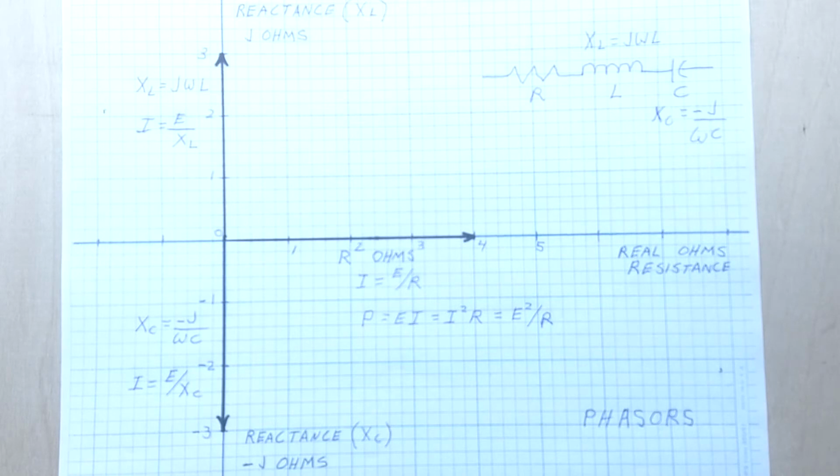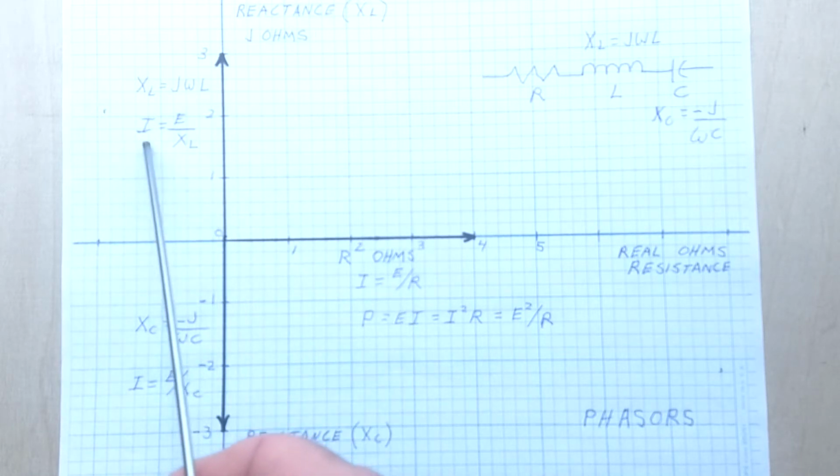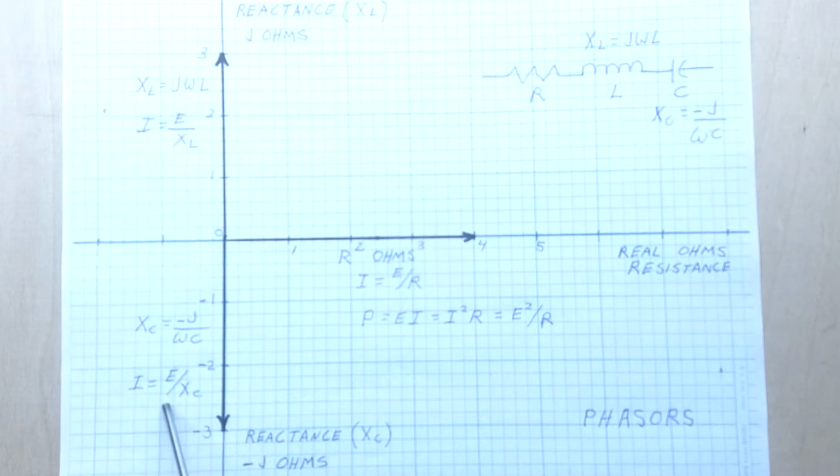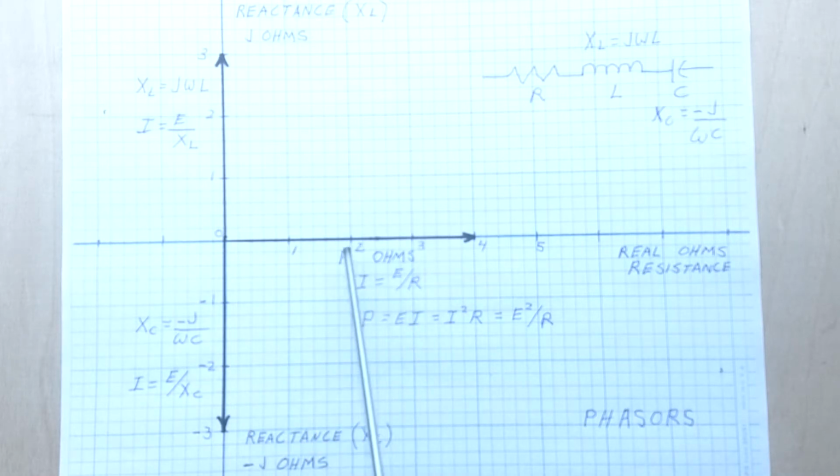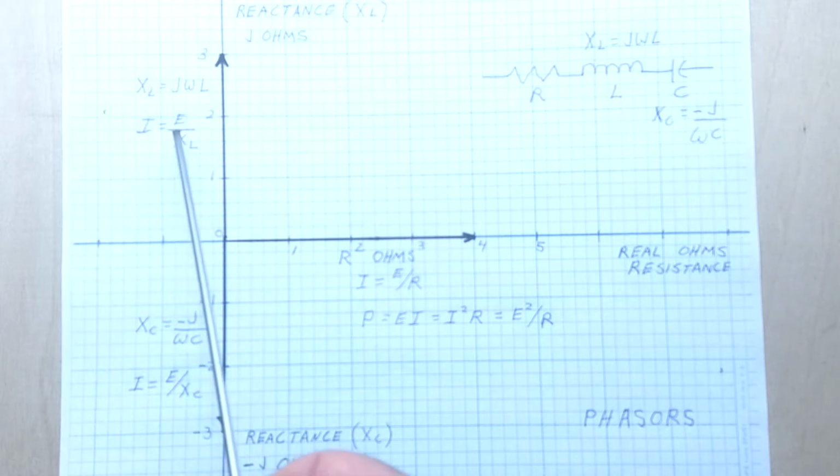Now the first thing that you may be wondering is what the heck are imaginary ohms? Note that Ohm's law applies to real resistive ohms and to imaginary reactive ohms. The higher the ohms, the lower the current for any applied voltage. That's true of a real resistor or in the case of reactors.